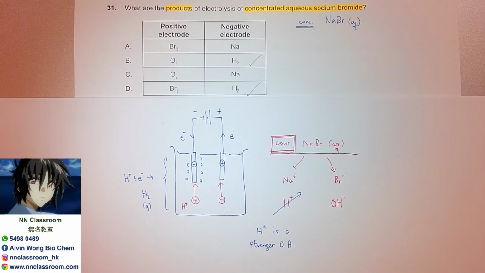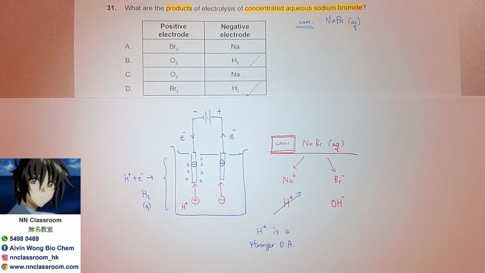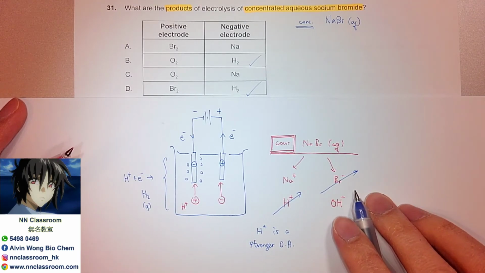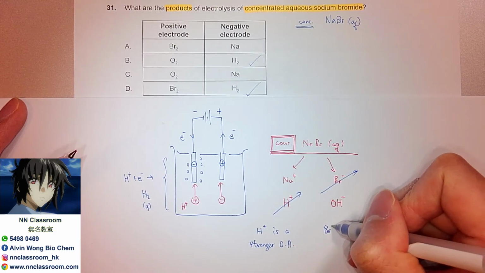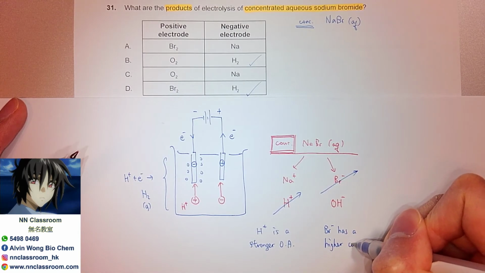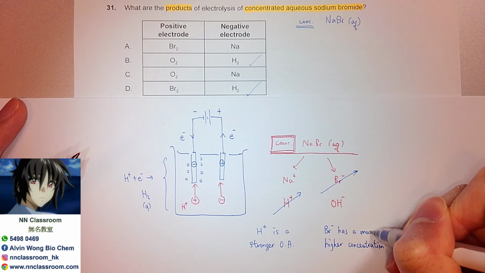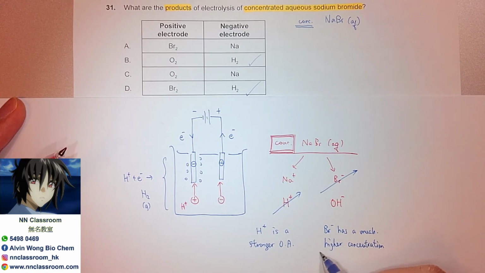So remember, as always, the concentration effect only applies to the halide side, and this halide in this case will take the job of preferential discharge, winning over the hydroxide. The reason bromide wins this time is that bromide has a higher concentration, or you can even say a much higher concentration. This is what we call the concentration effect.